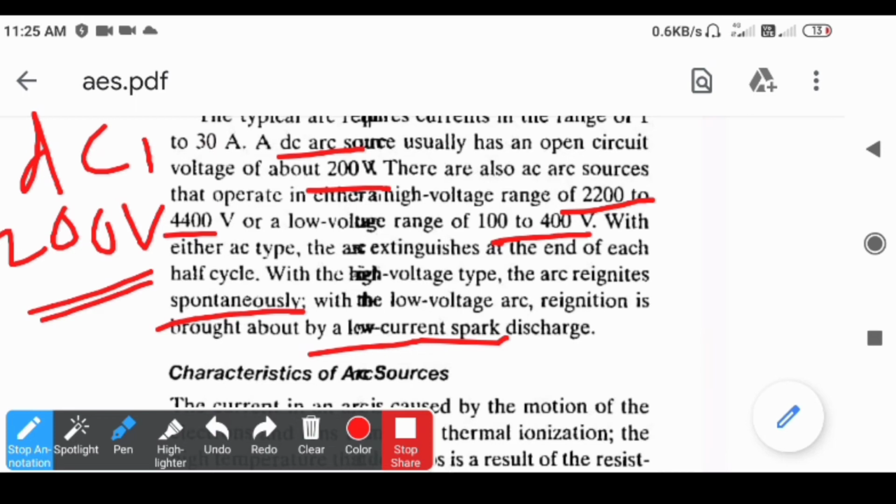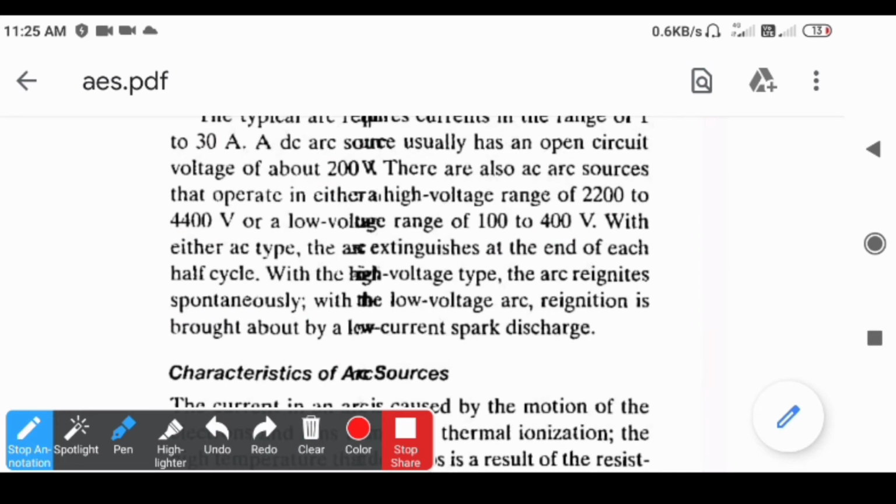In high voltage mode we require 2200 to 4400 volt input, and in low voltage mode we require 100 to 400 volt input voltage.